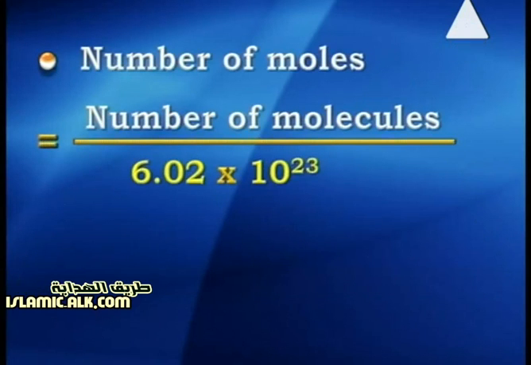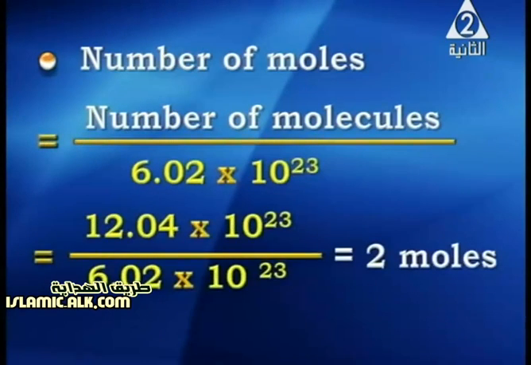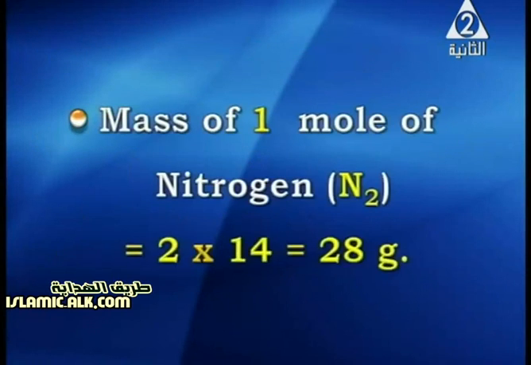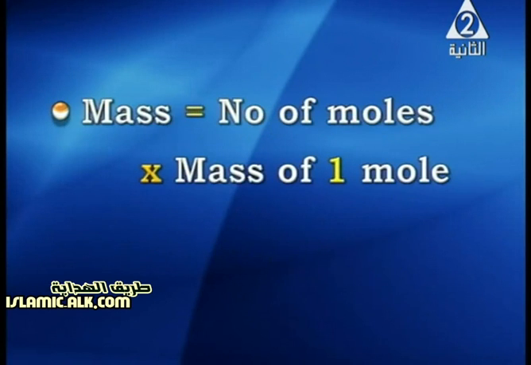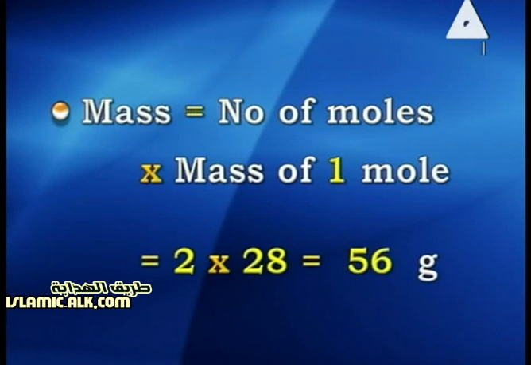Number of moles equals number of molecules over 6.02 times 10 to the power 23. Then 12.04 times 10 to the power 23 over 6.02 times 10 to the power 23 gives 2 moles. The molar mass of nitrogen N2 equals 2 times 14 equals 28 gram. Then mass equals number of moles times the molar mass, so 2 times 28 gives 56 gram.